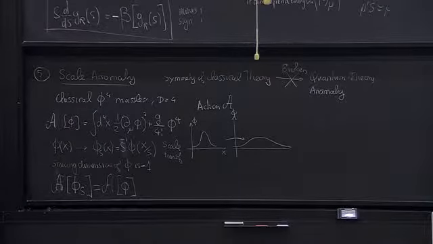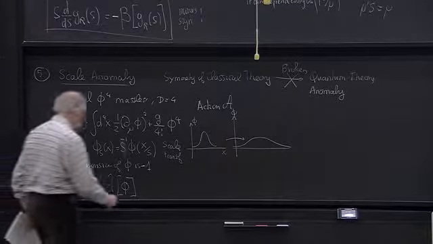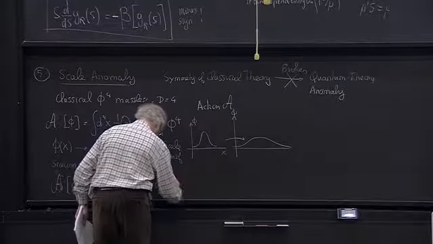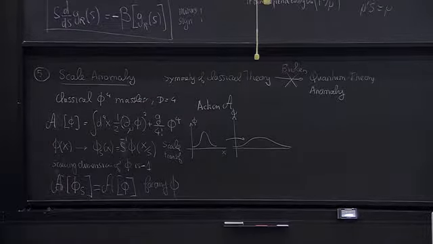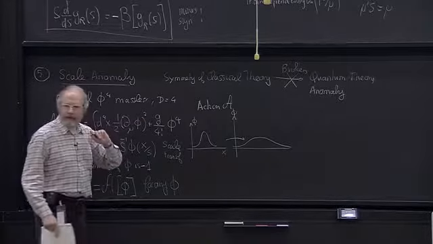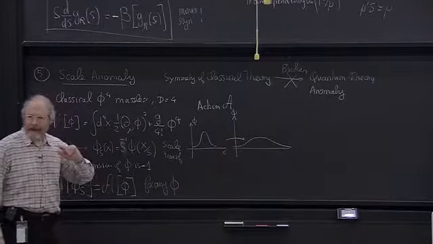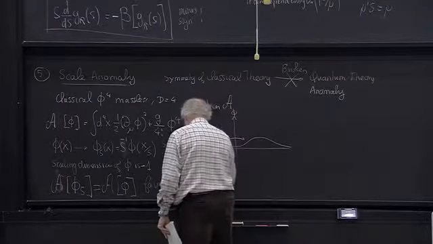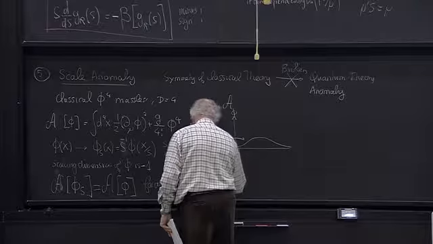So the action doesn't change for any field configuration. So this means that the massless phi-4 theory in 4 dimensions has a symmetry which is scale invariance.